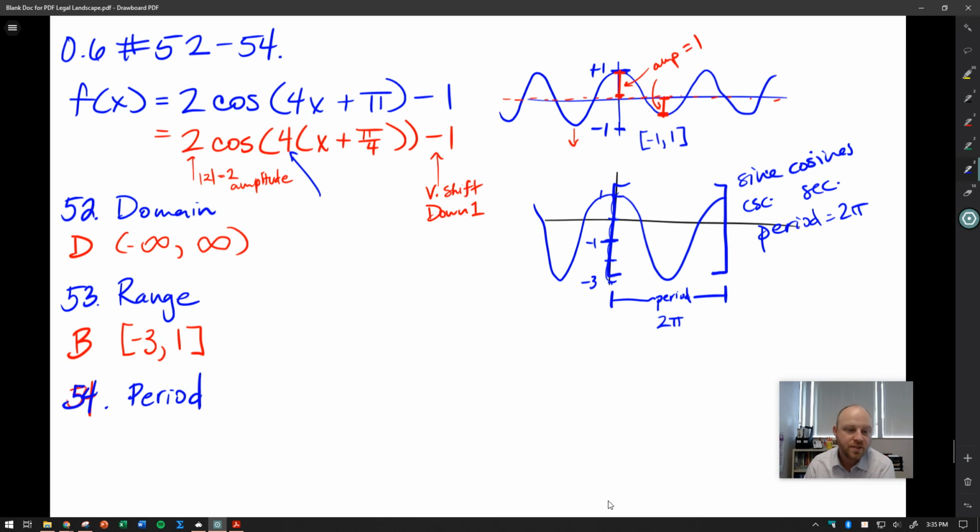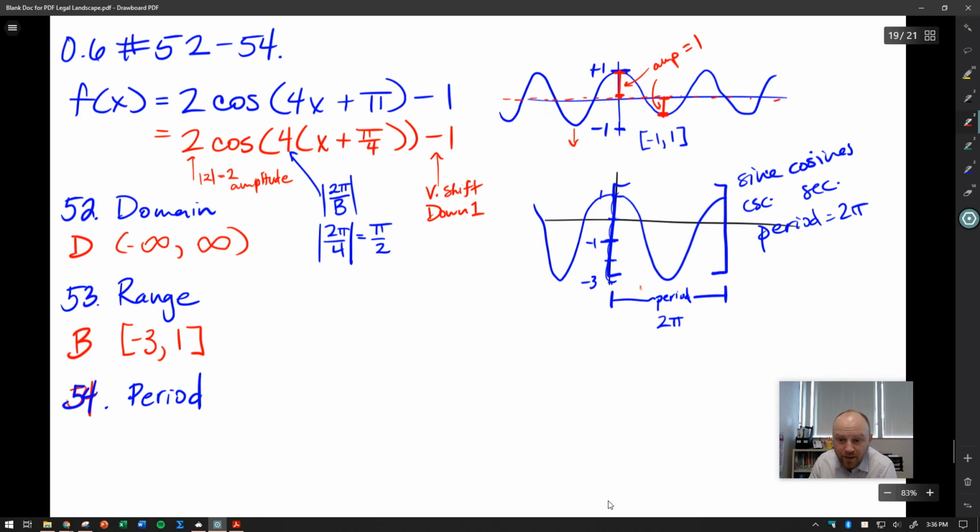So the way you use this number 4 here is you stick it into a formula, absolute value of 2 pi over b, where b is that number. So in this case, we've got 2 pi over 4, and that reduces down to pi over 2. So for this particular graph, the period, the amount of space it takes to get through one full cycle, is just pi over 2.